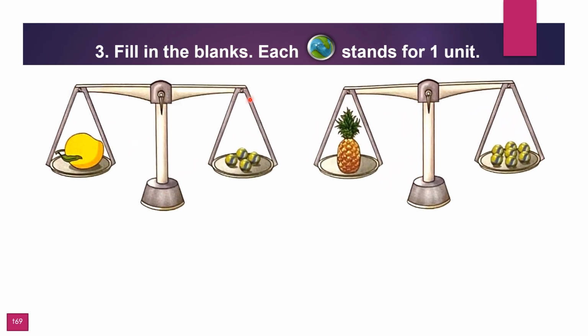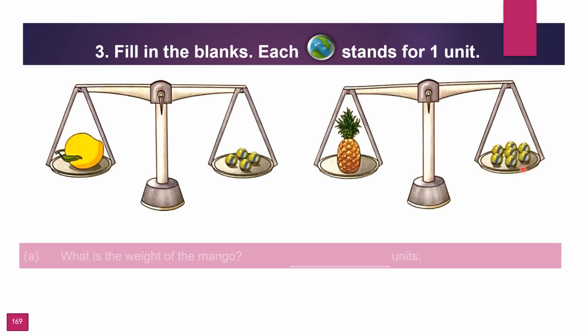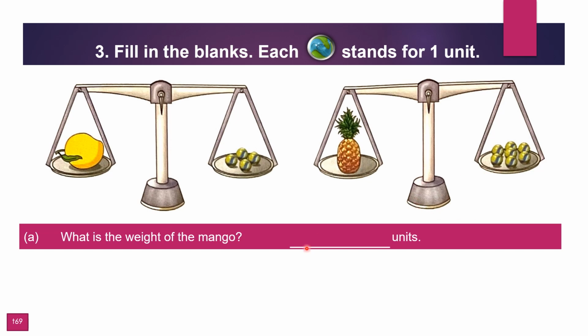So we have here, what is this? This is a mango, and these are marbles, and this is a pineapple, and these are marbles. Let us know what is the weight of the mango in units according to the marbles. That is 4 units.